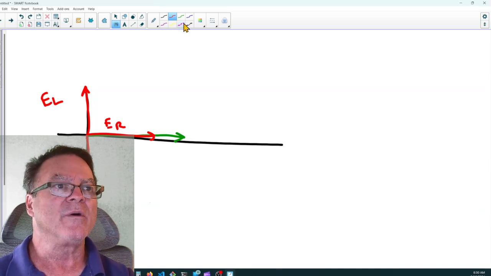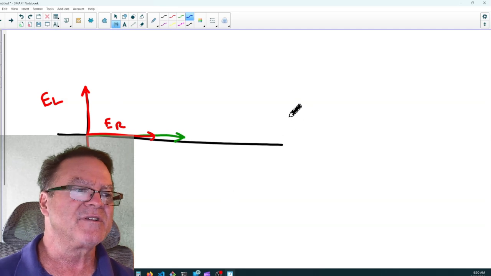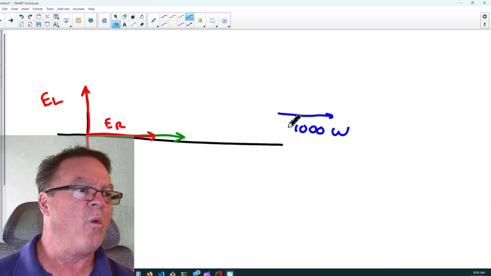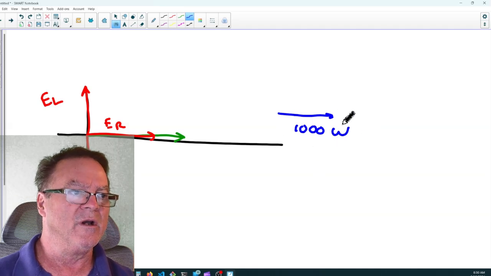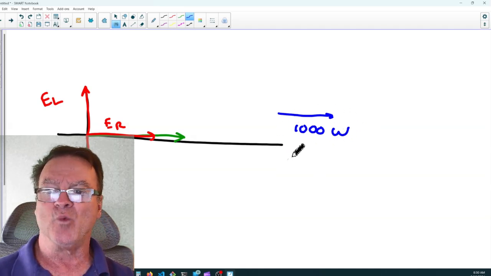And our power is going to do the same thing. We're going to get a power triangle. I'm just going to make fictitious numbers here. I'm going to say we have 1,000 watts. Watts is true power. So we will express the power dissipated by the resistor as watts.